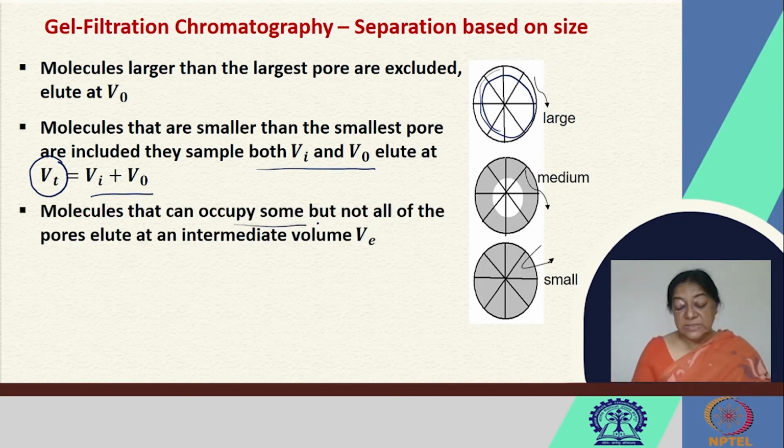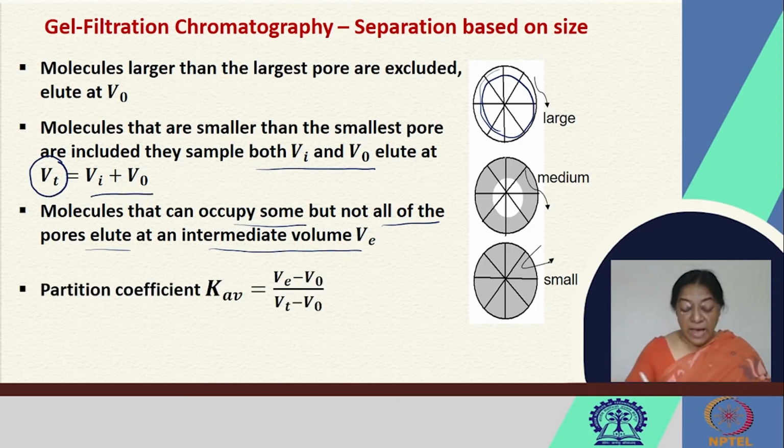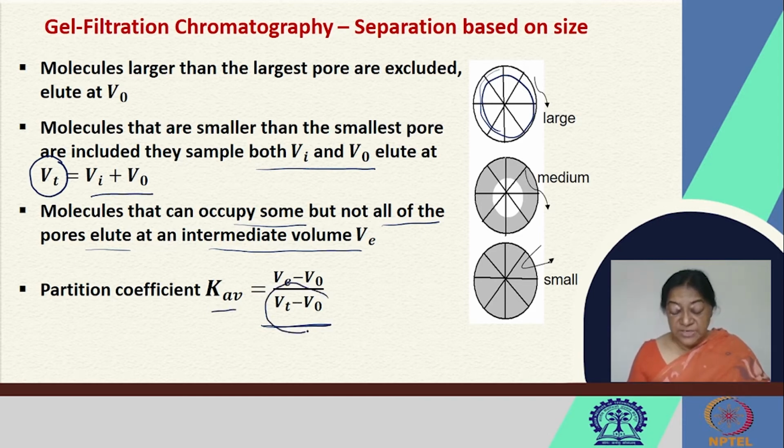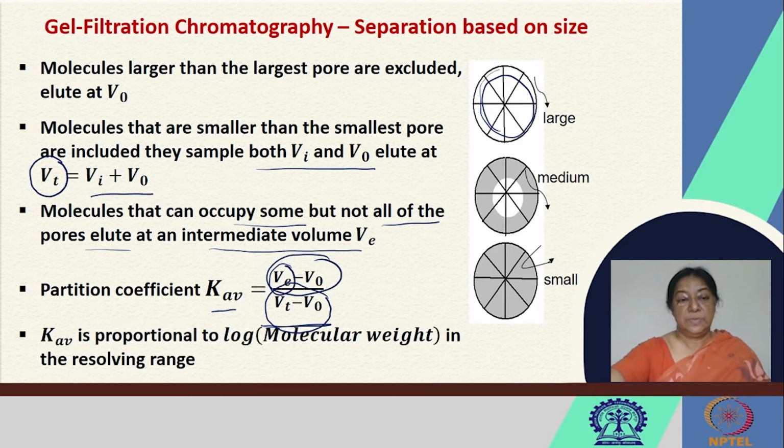Molecules that occupy some but not all of the pores elute at this intermediate volume Ve, and we have defined a partition coefficient which is given by KAV. The denominator Vt minus V0 depends upon the column of interest. Ve here is the variable that depends upon our protein. And KAV is proportional to the log of the molecular weight in the resolving range.